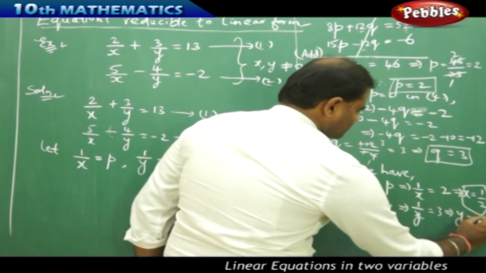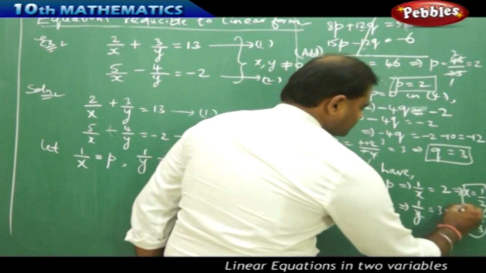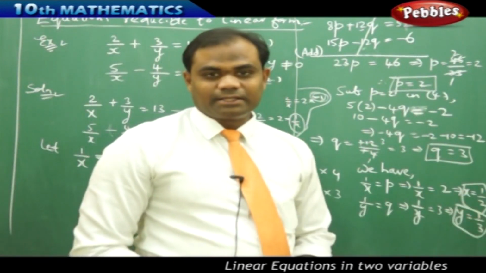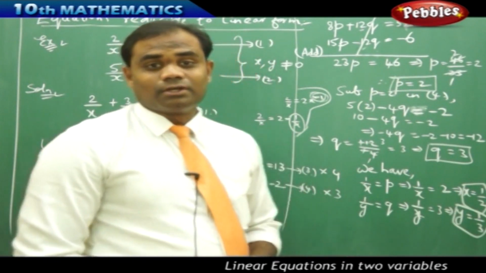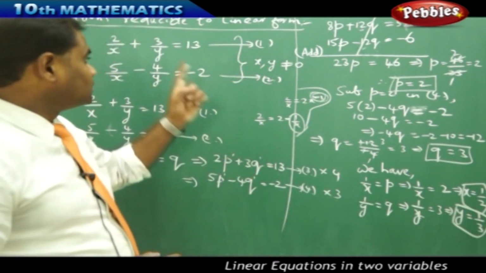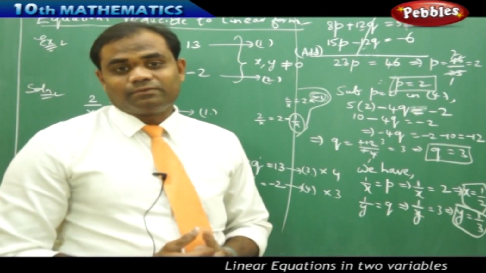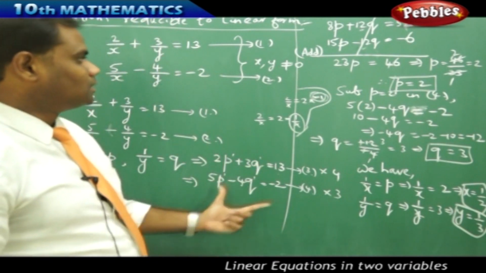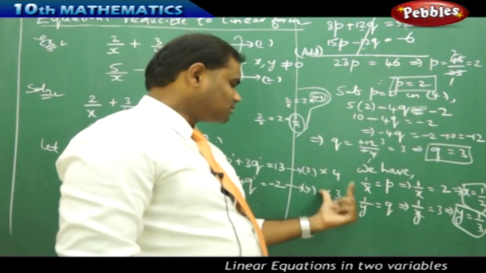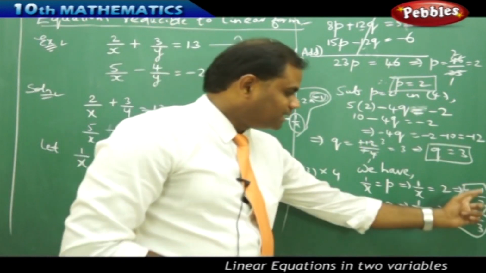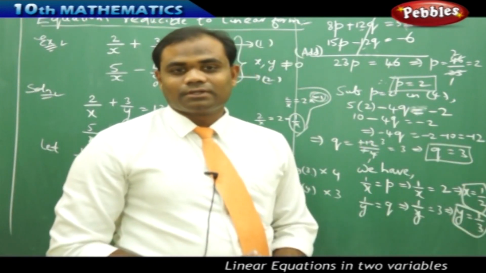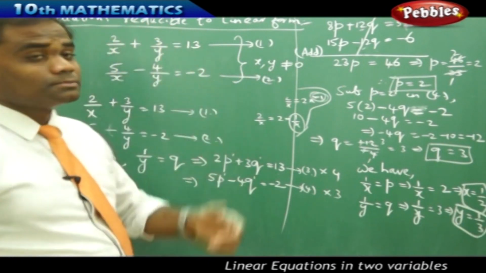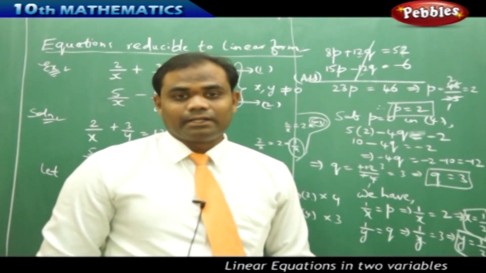That implies y equals 1 by 3. So x is 1 by 2 and y is 1 by 3, which is the required solution of the non-linear equations in x and y. So a non-linear equation, when reduced to the linear form and then its solutions substituted in the assumption, indirectly gives me the solution of the non-linear equations. Thus, the topic of equations reducible to linear form is possible in this manner.